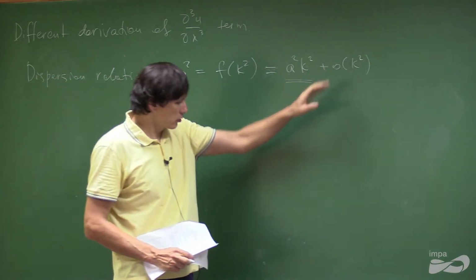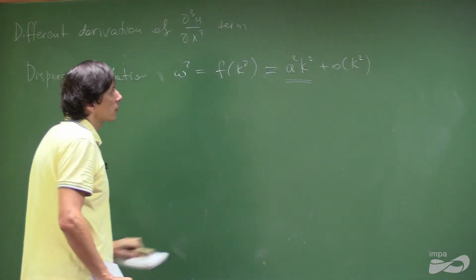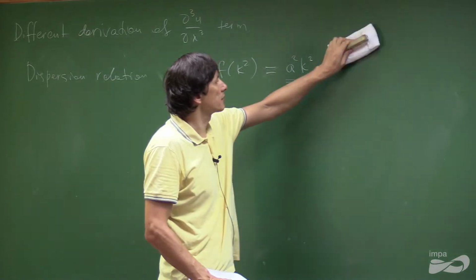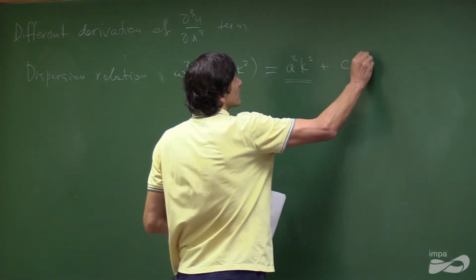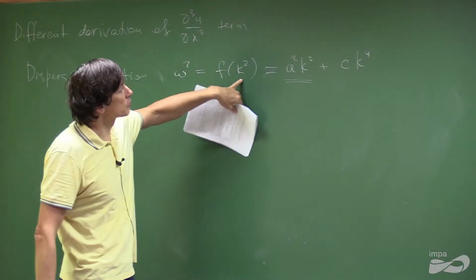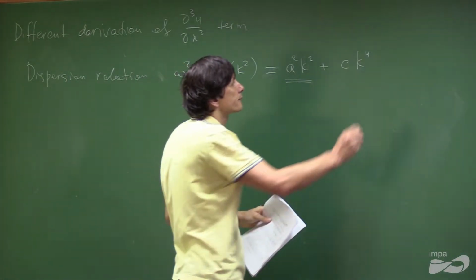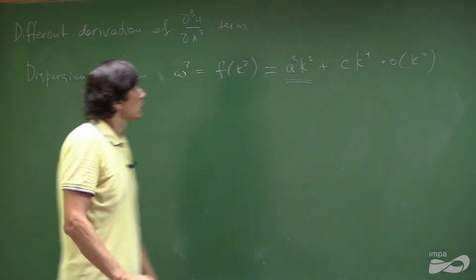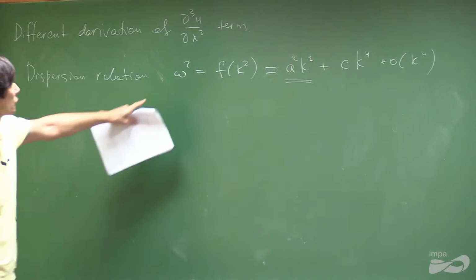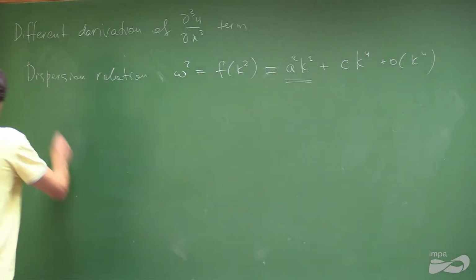So if you want to take into account the dispersive term, you should take the next term. It's in k squared, so the next term will be k⁴. So now let's compute omega. Then omega is the square root.